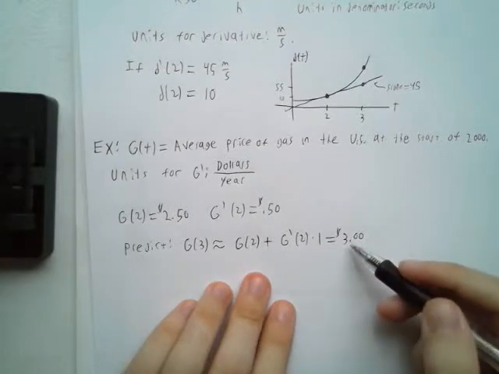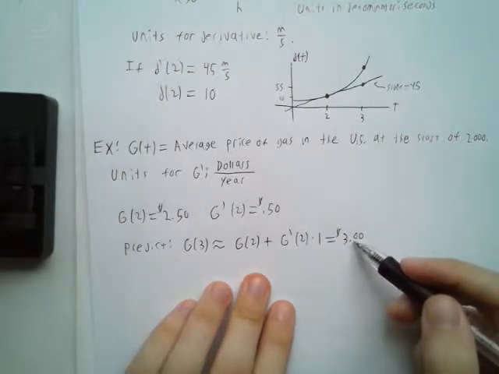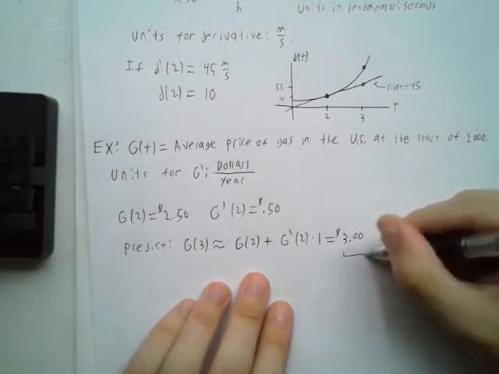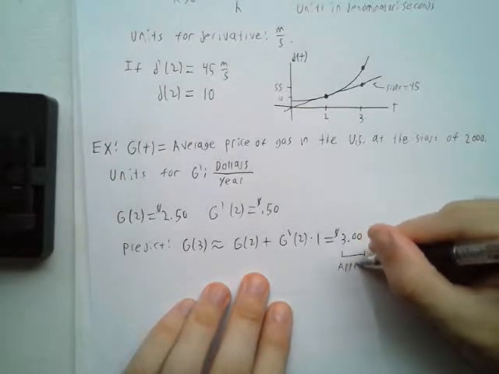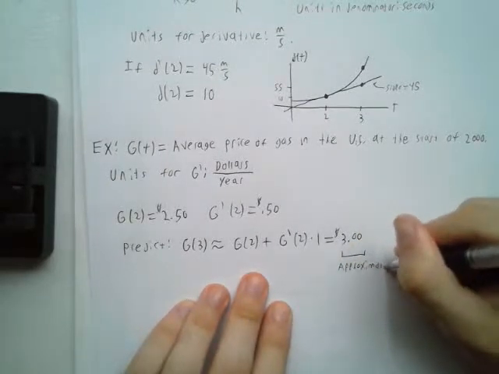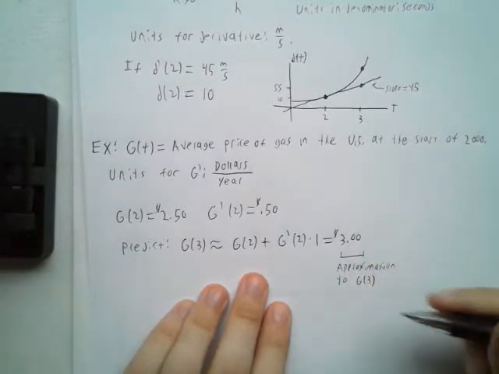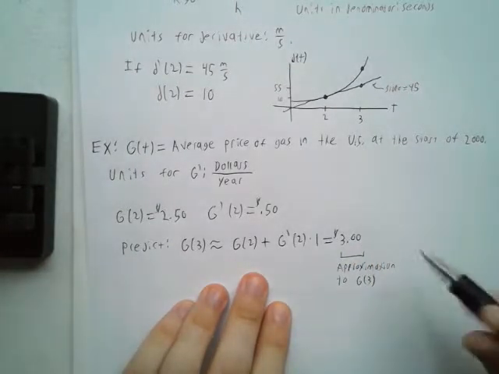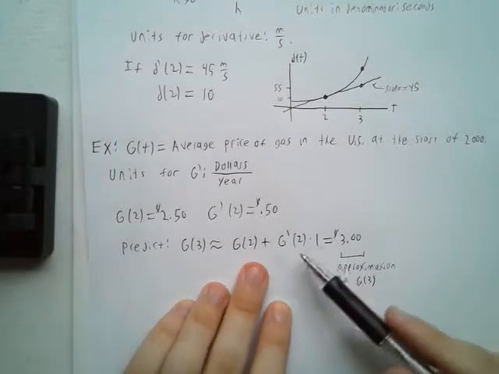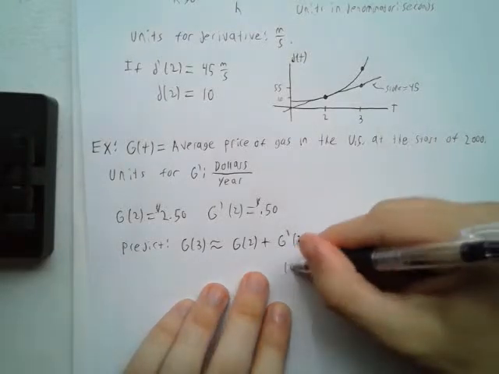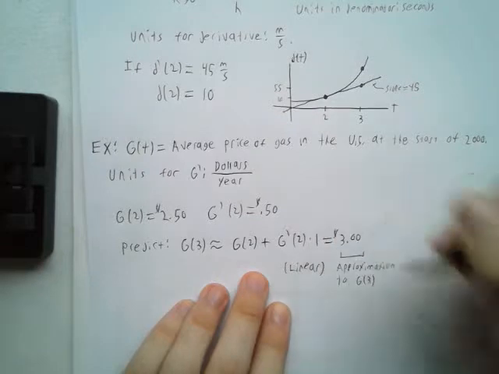So it's important to say that this is an approximation to g of 3 using the information that we have. And we'll see this is what's known as a linear approximation. And we will revisit that idea later in the class.